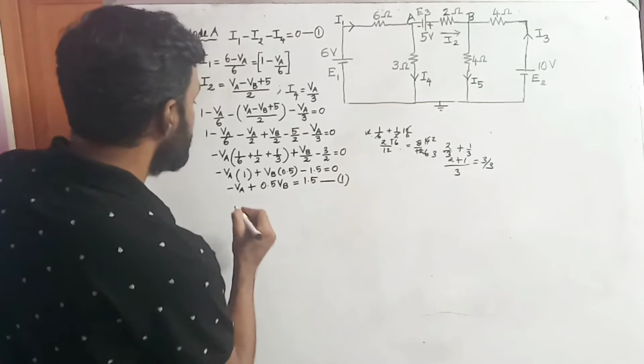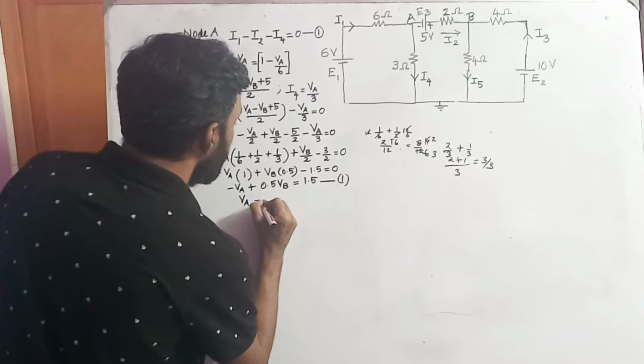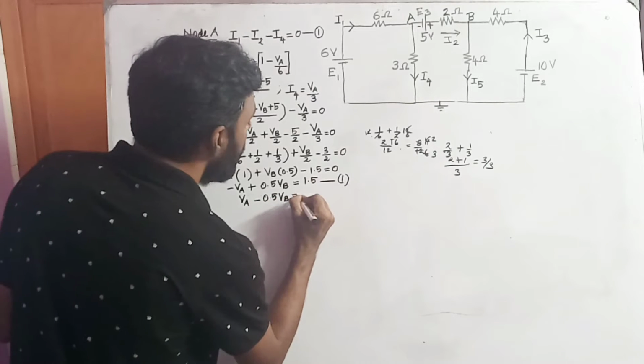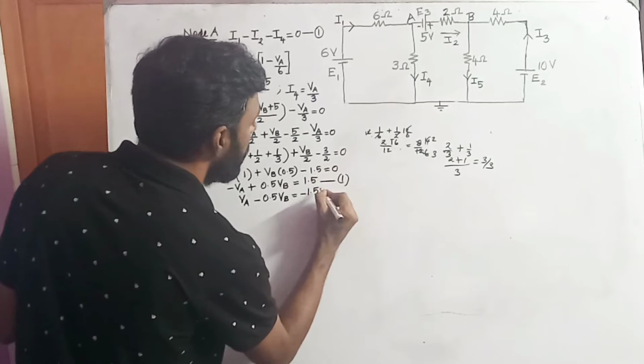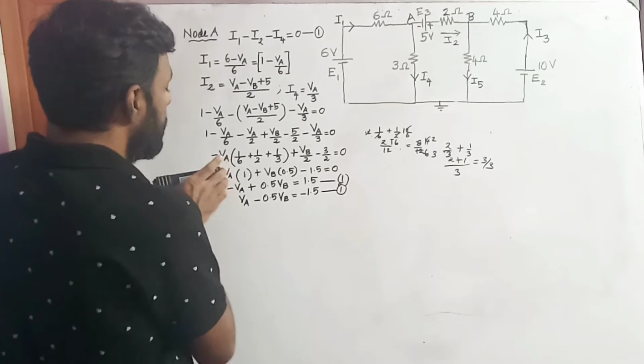So what I'm going to do is change the signs. So it will be VA minus 0.5 VB equal to minus 1.5. This is equation 1. We'll delete these things.